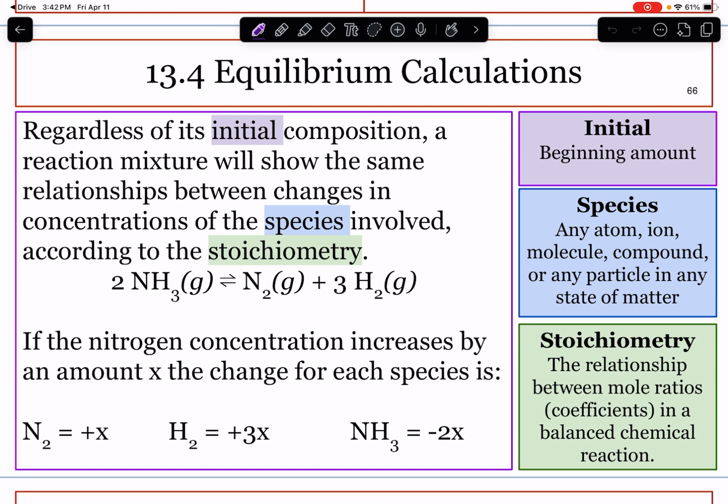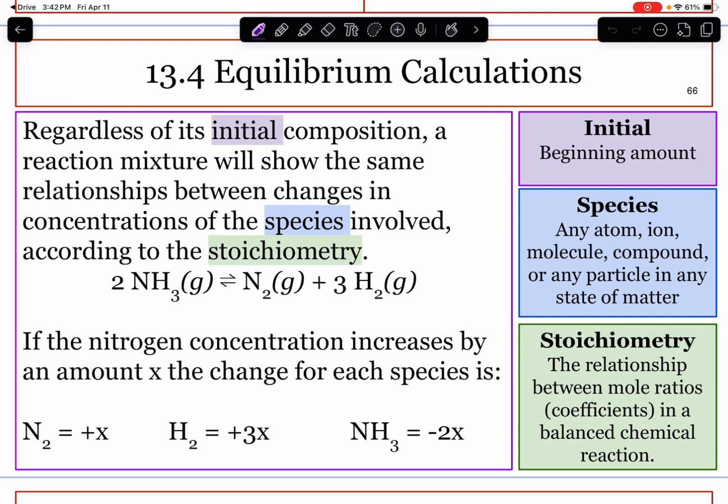So if we have this example, equilibrium reaction of NH3 turning into nitrogen and hydrogen, and if we start out with only some NH3, we don't know how much is going to turn into the products. And we know that not all of it gets to turn into products because this is an equilibrium reaction, not a completion reaction. So if at equilibrium we found that there was some value x of nitrogen, that means we know that nitrogen changed by a value of x.